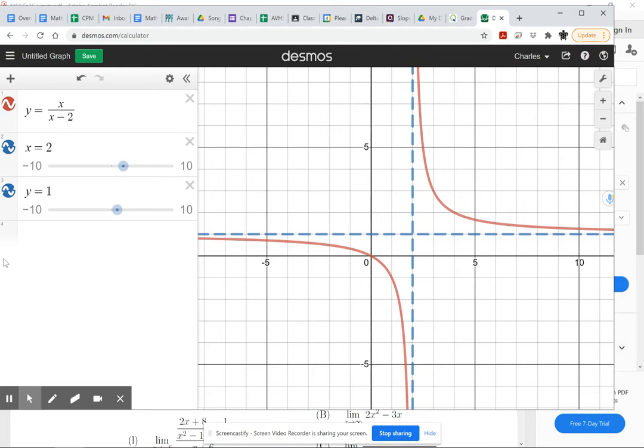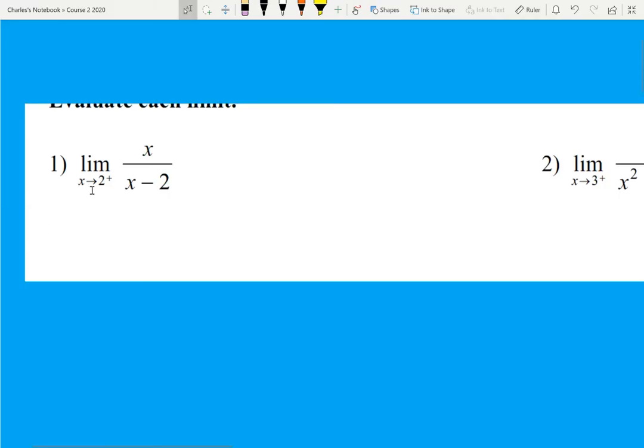But when I'm thinking of what's the limit of this function as x approaches 2 plus, this plus means as I approach it from the plus side. Remember, on an x-axis, this is the plus side, this is the minus side.